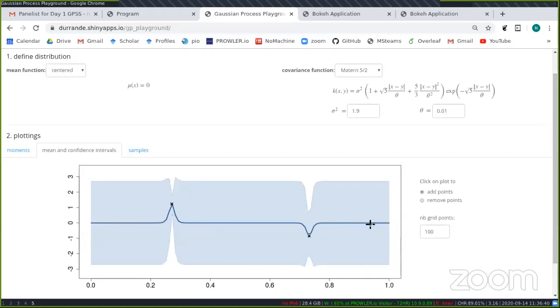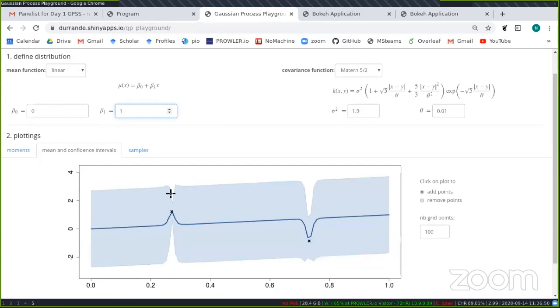So the model basically reverts to the prior distribution, right? And if I change the mean of the Gaussian process, so if I change the prior distribution, we can see that the GP just reverts to the value of the mean. So the same value as if we had no observation at all in here.